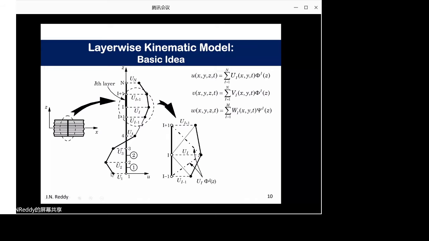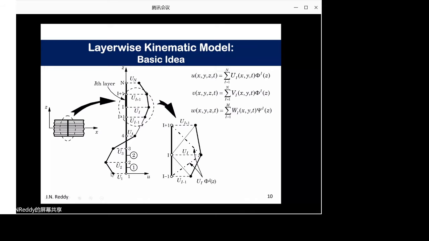This combination will give you this element of 3D elasticity. This combination will give this element. So now we have a much more flexible way to create elements. We can use all kinds of approximations in plane and through thickness independent of each other. That is the nice thing the layer-wise theory brings to the table.